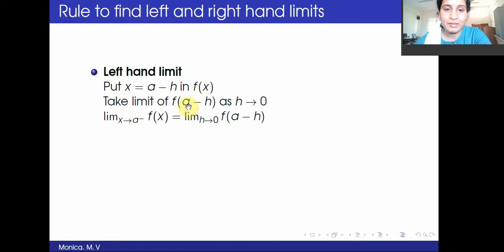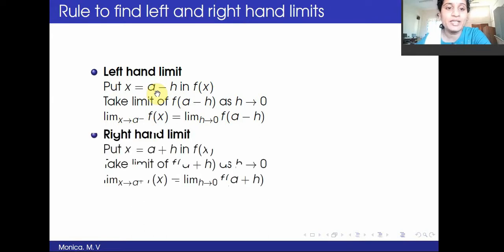Then once I have replaced x as equal to a minus h, I take the same function and take the limit as h tending to 0. That is exactly what is here. I replace x as a minus h and that function, when I take limit h tending to 0, that is my left hand limit. Left hand limit, the notation here is a minus, so I am replacing it as a minus h.